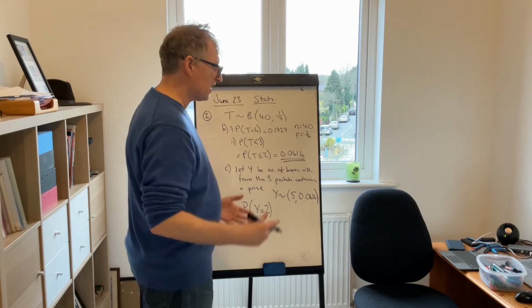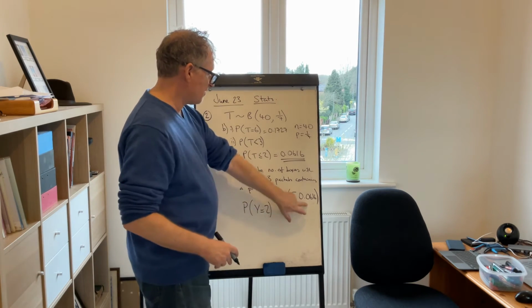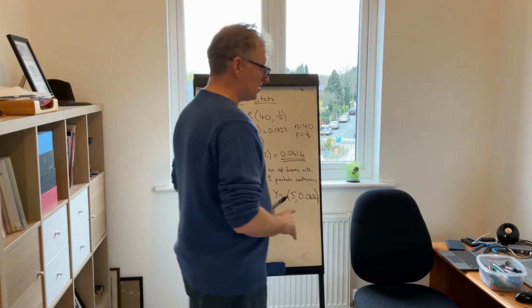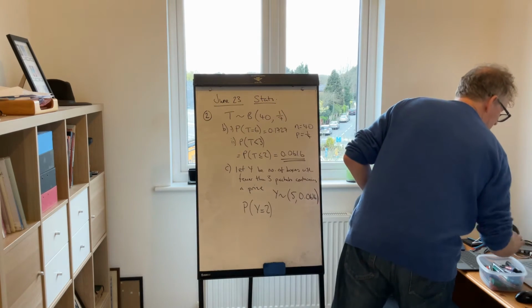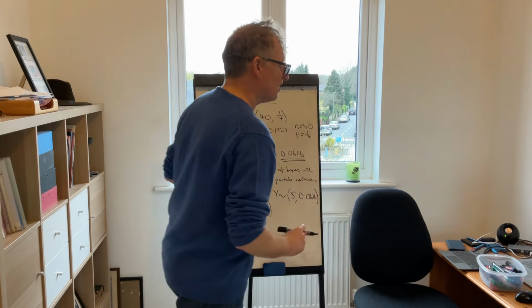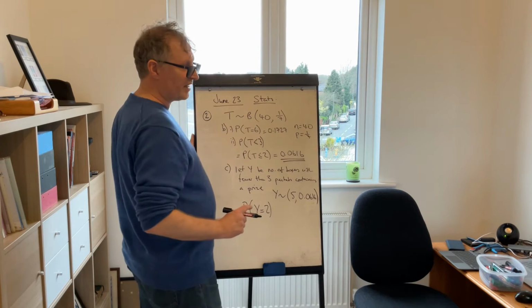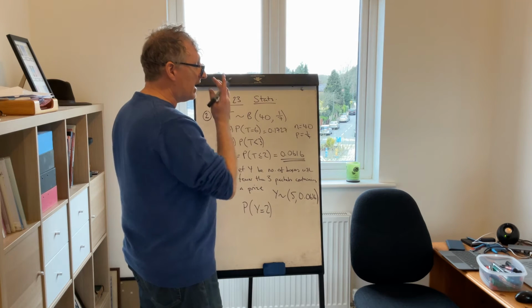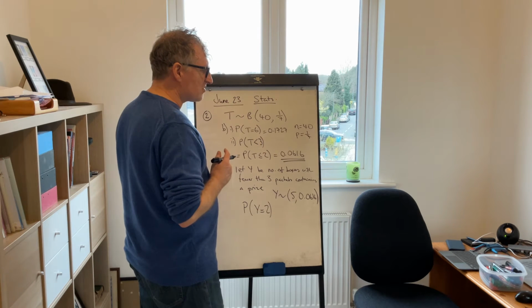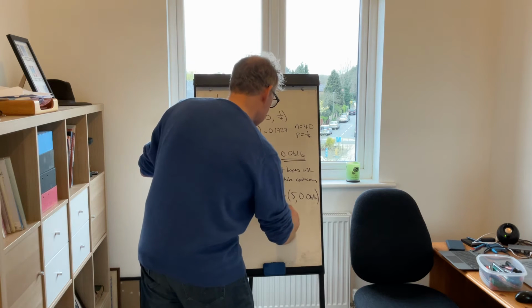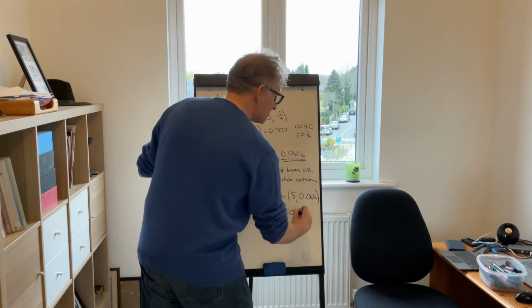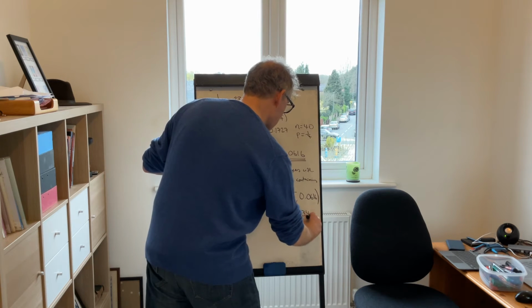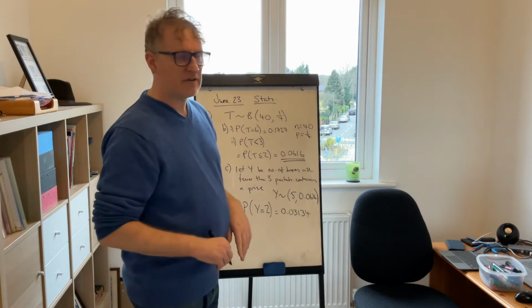Calculator job again. In we go. n is 5, p is that. We want exactly 2, so we're looking for a spot-on particular calculation. My computer's just gone, so I can't see the question again. Give me 1 sec. Put it into your calculator, and it comes out at 0.03134, whatever degree of accuracy you want to go.